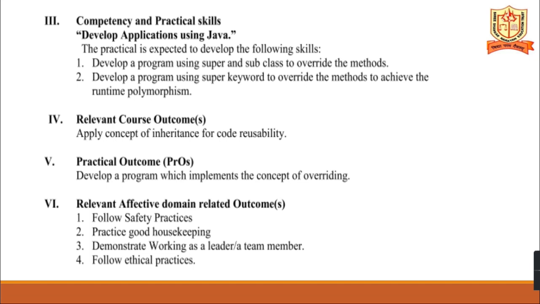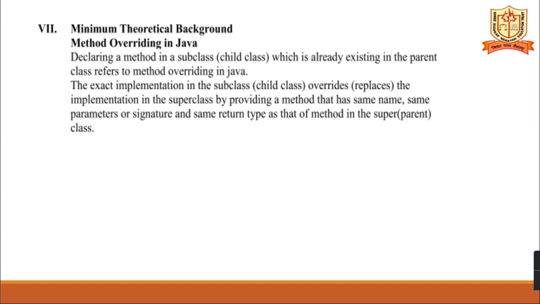The relevant course outcome: the concept of inheritance is used for code reusability. Practical outcome: implement the concept of overriding. The relevant affective domain outcomes are the same: safety practices, good housekeeping, working as a leader or team member, and following ethical practices.